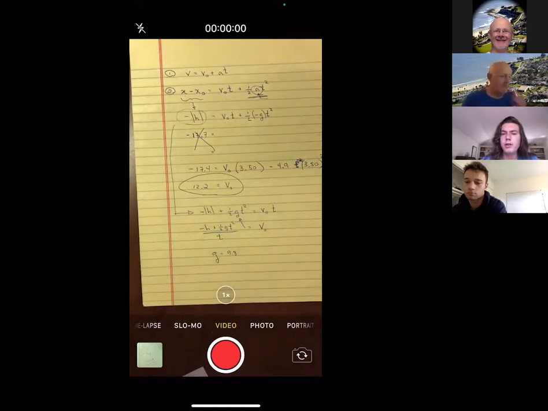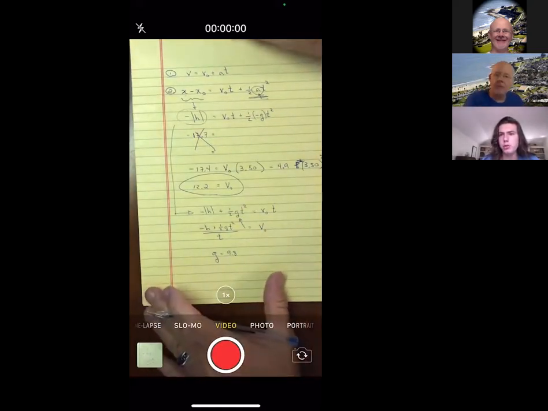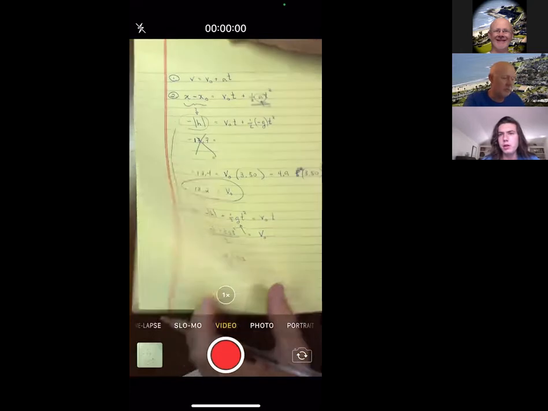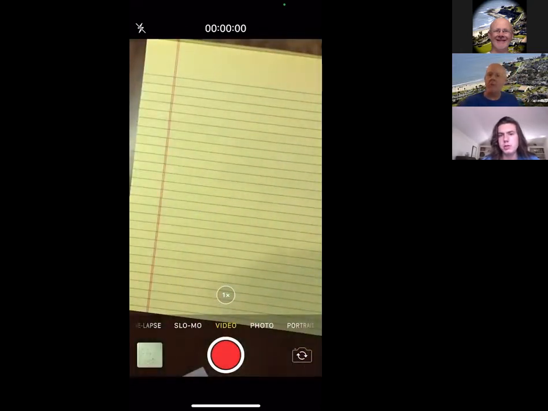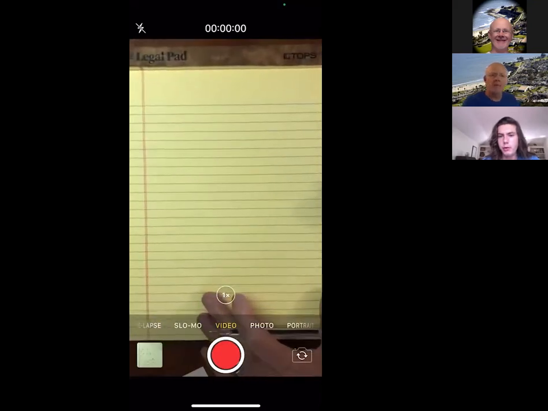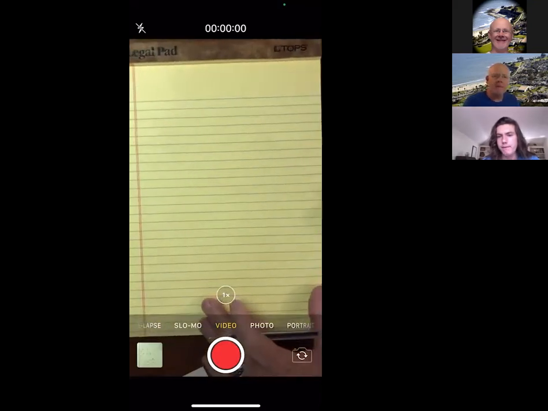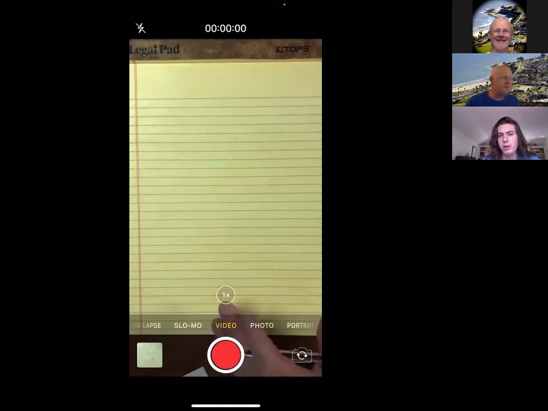I couldn't find the apple one, which I thought showed the opposite, that instead of acting on the same object, they're acting differently, and that's also not a third law pair. So I was just kind of confused about that.